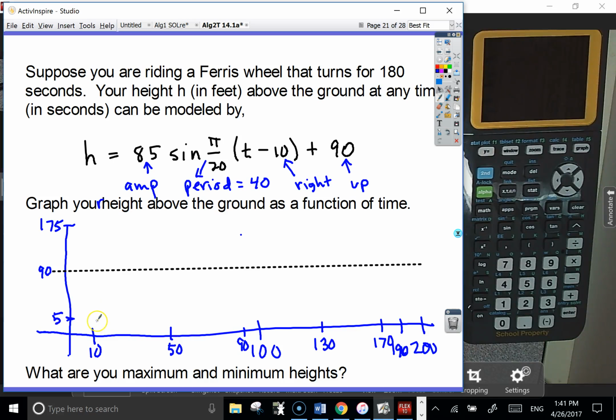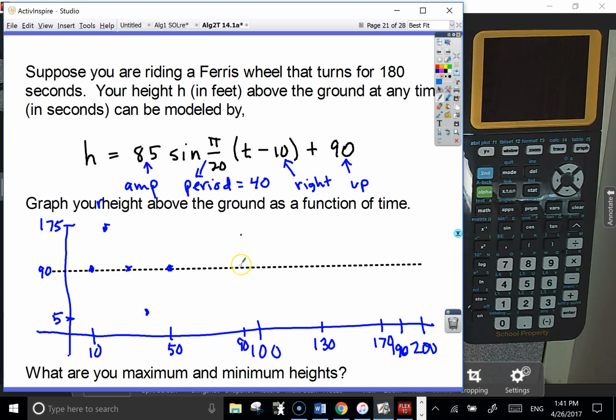So let's see, it's a sine function, so it starts here, and we know in one period it's going to go to its maximum and to its minimum, and then back to there again, right?